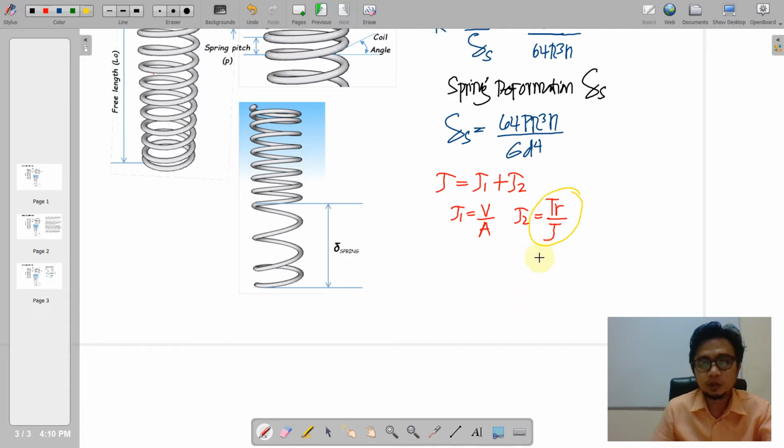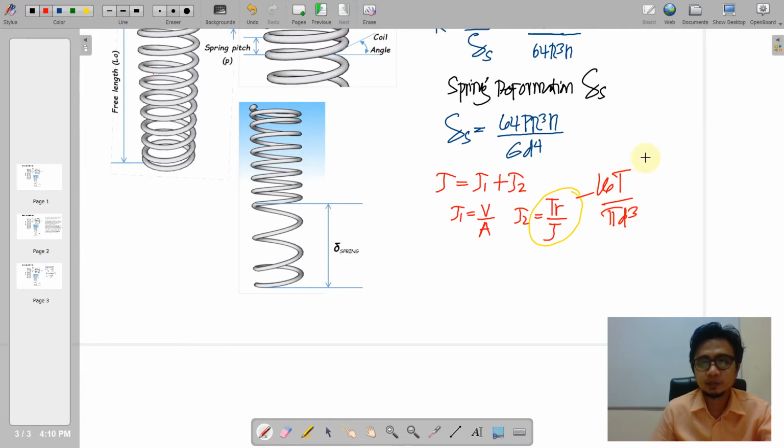We recall the shortcut formula when we have a solid shaft, which is equivalent to 16T all over pi d cubed. Of course, we do not want a spring to have a hollow cross-section. Most of the time it is solid, and most of the time it is circular.